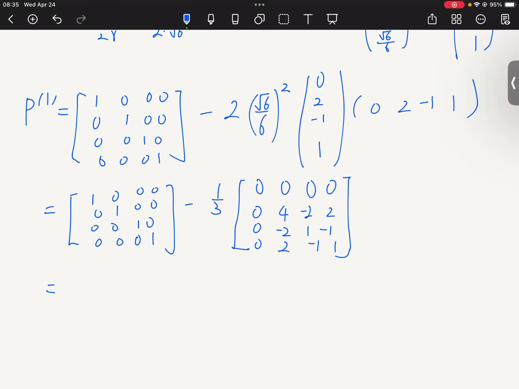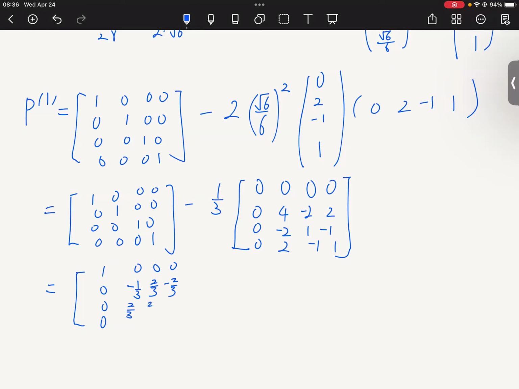And what is the Householder transformation here? You can see this is a very nice product. We get all zeros in the first column under the 1, and all zeros in the first row except for the first item 1 there, and then all the other entries are just -3 and 2/3.